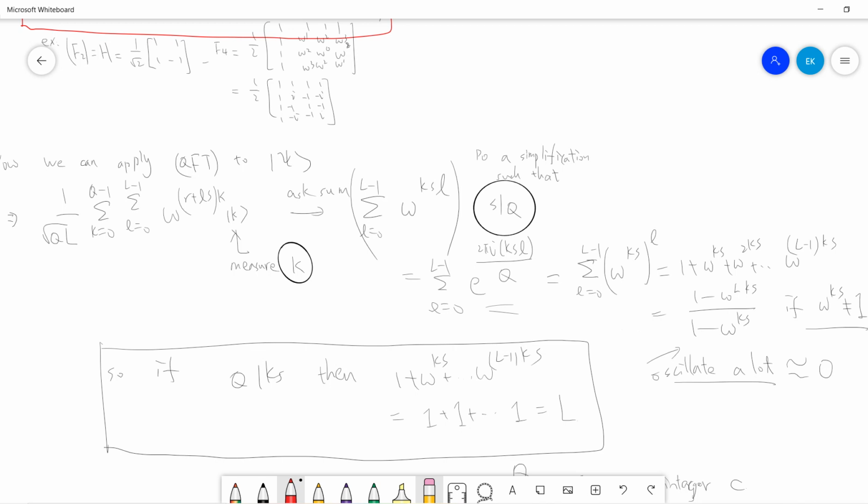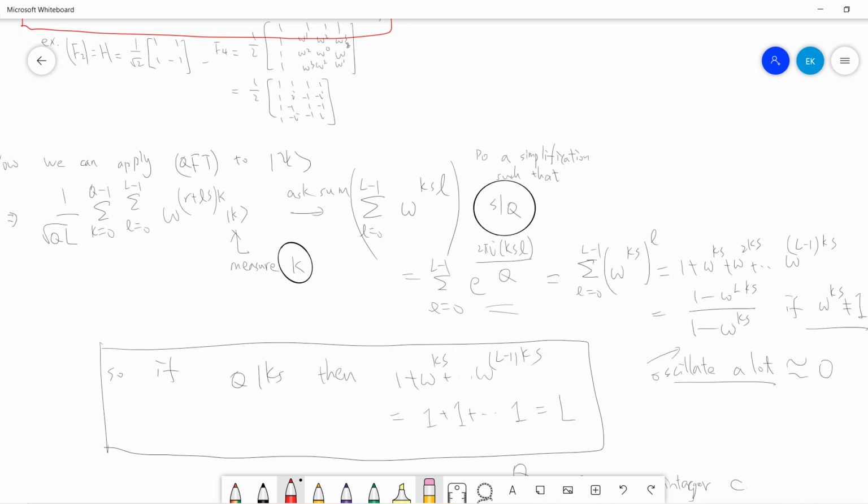So it's a geometric series. If omega to the ks is non-one, then there will be a phase difference and it will oscillate a lot, so generally it will be close to 0. If we further assume that s divides Q, then it will definitely be 0. You can check this.